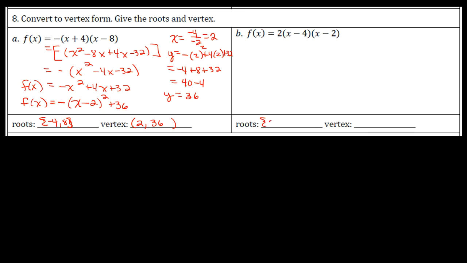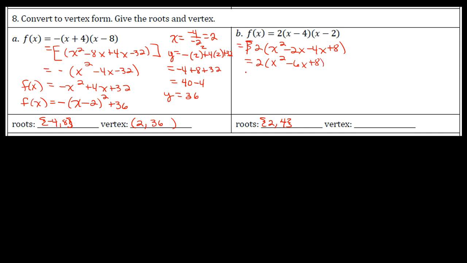So I'm going to get 2 and 4. I still don't need all those grouping symbols. So we're just going to multiply the binomials first.